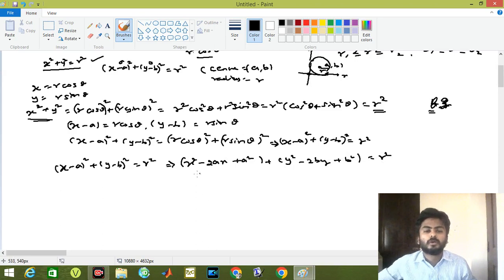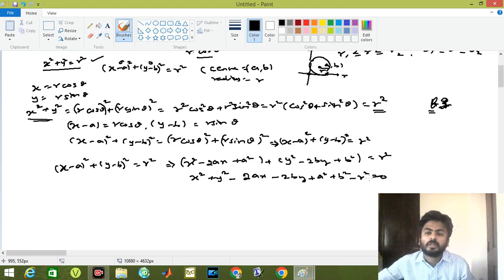Now this can be written as x square plus y square minus 2ax minus 2by plus a square plus b square minus r square equal to 0.